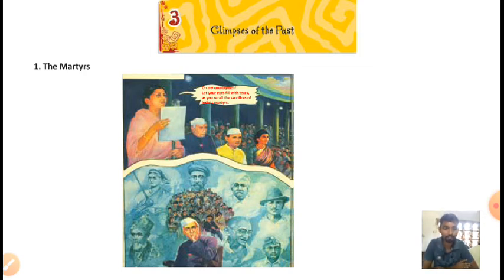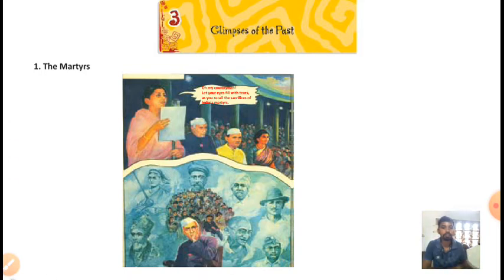She is singing a song, "Oh my countrymen, let your eyes fill with tears as you recall the sacrifices of India's martyrs." This same song has been translated from Hindi to English, and the song's name is Hey Mere Watan Ki Logo. I think all of you have heard this song.